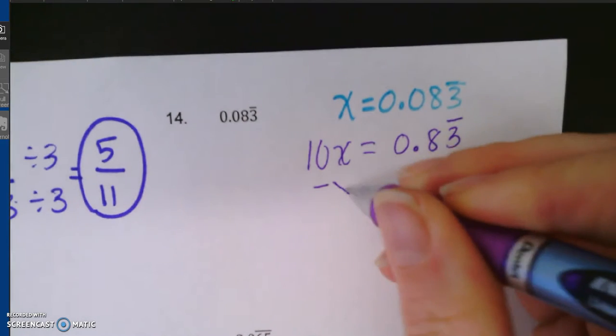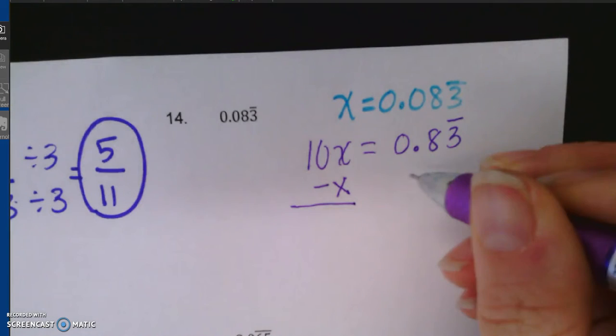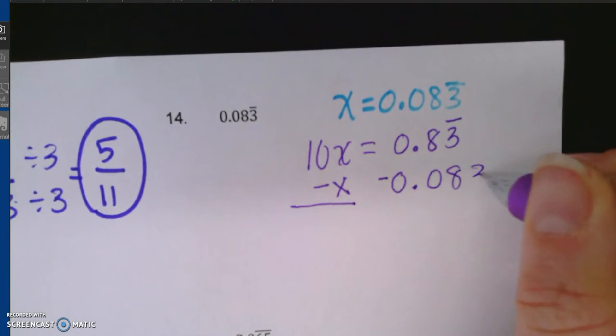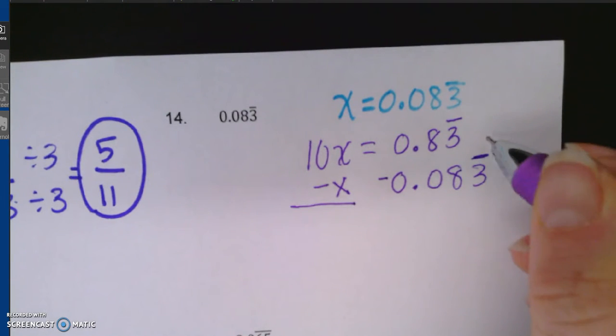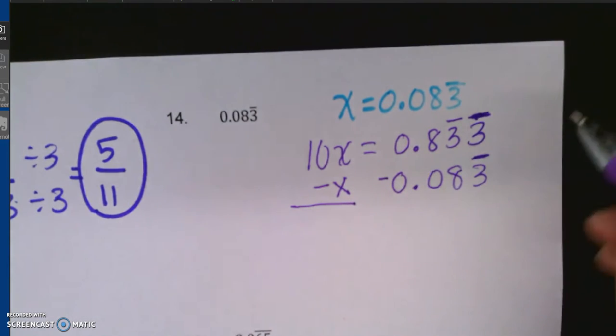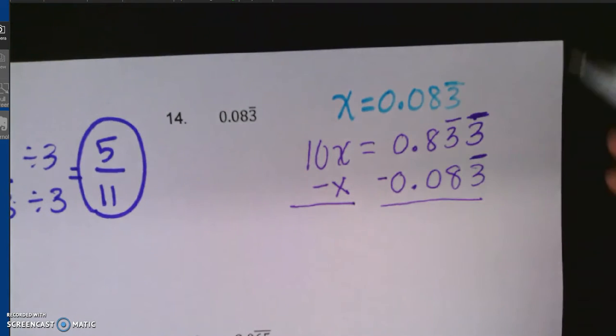Let's see, if I subtract x from this side, and from this side, that would be subtracting 0.083. What number's here? Is it a 0? Oh, wait, that bar means this is also a 3 repeating. So when I subtract, these 3 repeatings will cancel out.